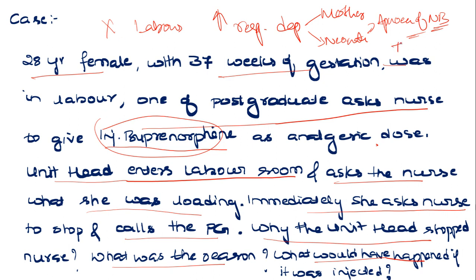So remember, it will be tightly bound to the opioid receptors, and naloxone cannot prevent all the actions which are produced by buprenorphine. Again, it is going to be a harmful, dreadful complication in both the mother as well as the neonate. So that's why you avoid using buprenorphine during labor. So this point you should keep in mind with respect to buprenorphine.